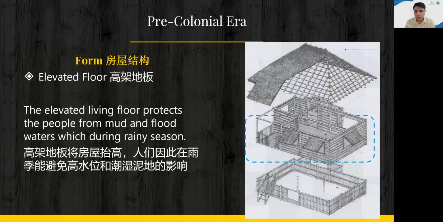Moreover, this elevated living floor allows certain ethnic groups that live in the coastal areas to live above water, where the source of food is the water and is near transportation. Basically, the elevated living floor allows them to be above water and get their food from the water.